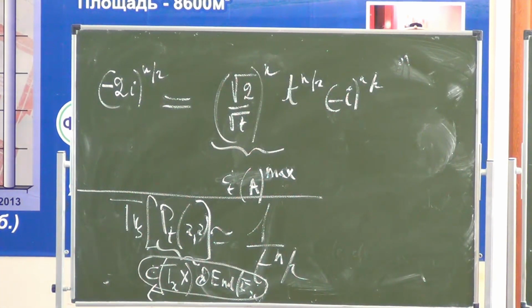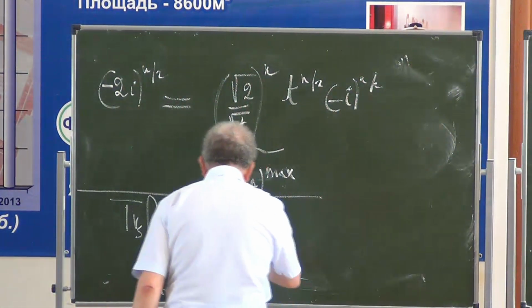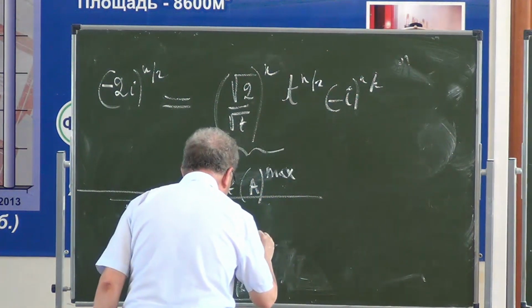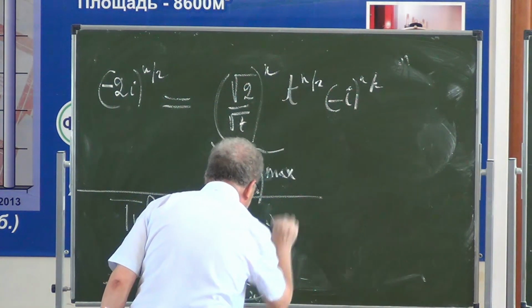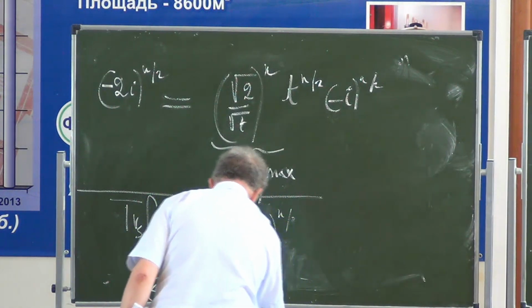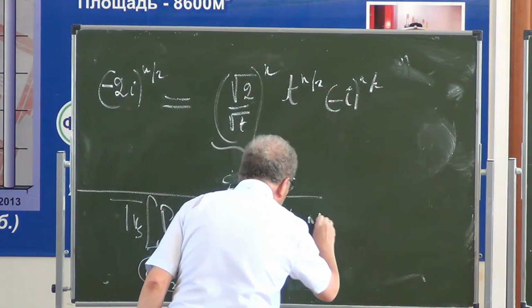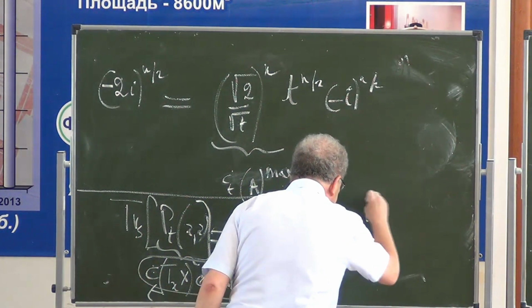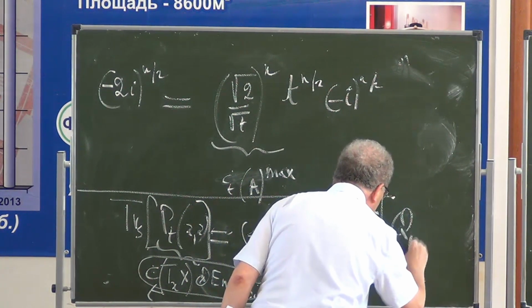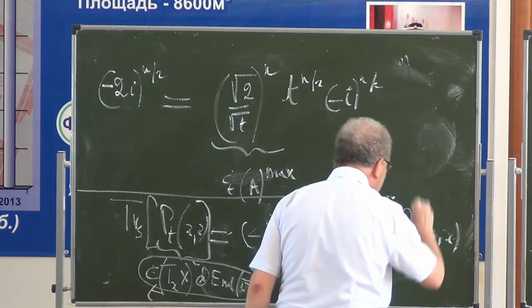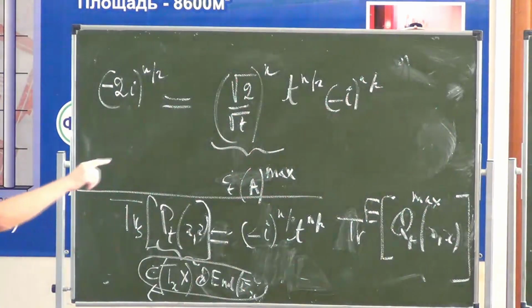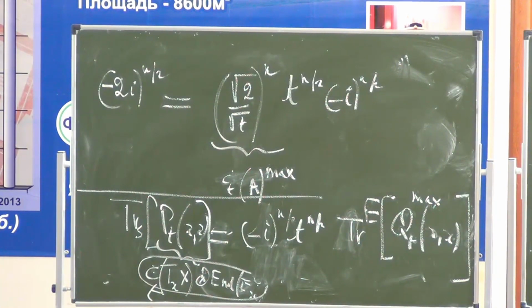If we do this, this will be equal to minus i to the n over 2 times t to the n over 2 times, maybe I'll just keep the trace in here, qt of x and x max, where qt of x and x max is exactly the one that I defined before.